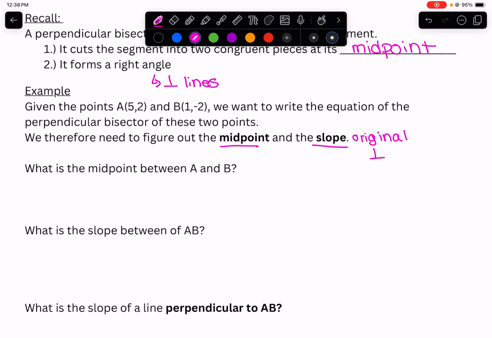So the first thing we do is figure out the midpoint. We first do our x's, add them together, divide by 2, and the same thing with the y's. And you'll get your midpoint is at (3, 0).